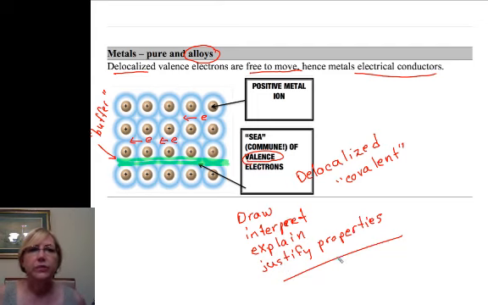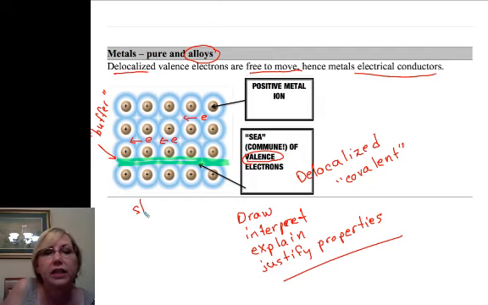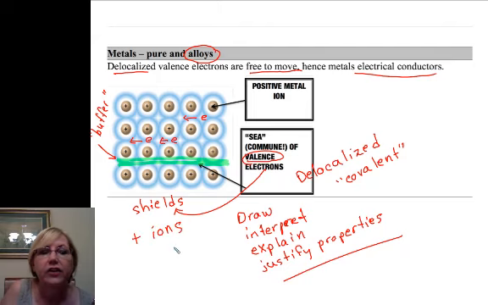And that's what that freely moving sea of electrons is doing: it buffers or blocks, or shields is a better word. The valence electrons, that sea of electrons, shields the positive ions in the lattice from repulsion.